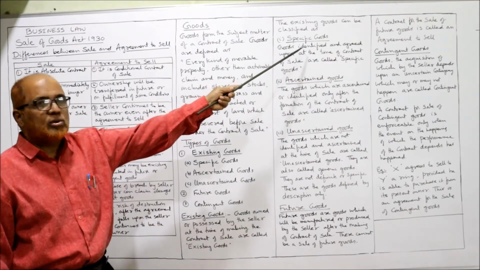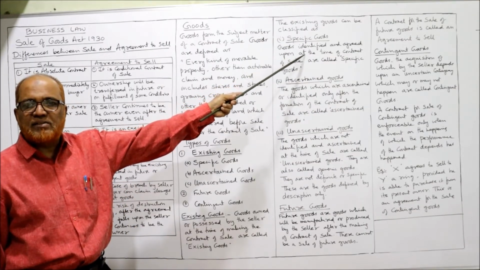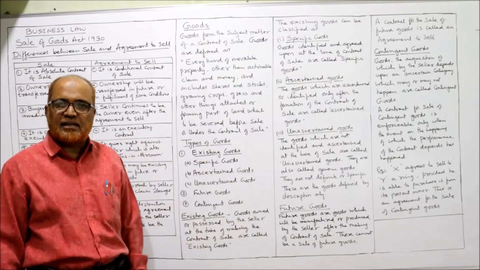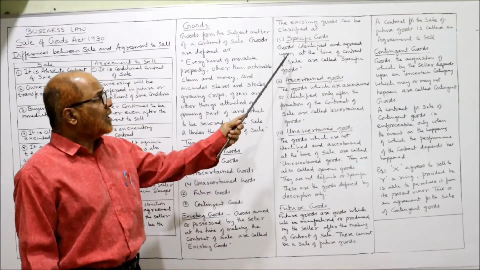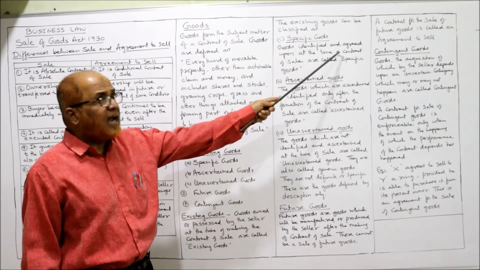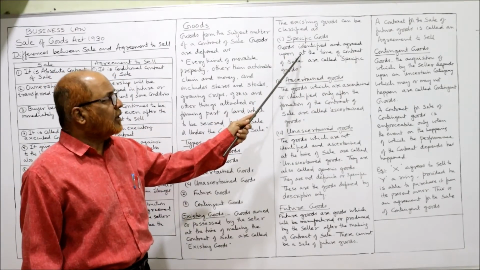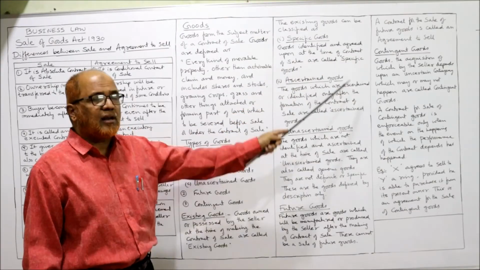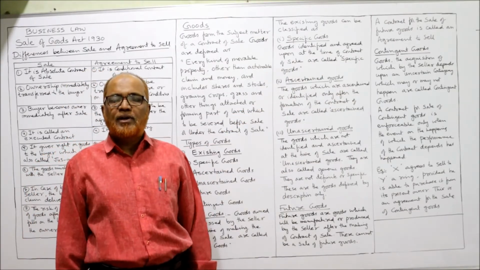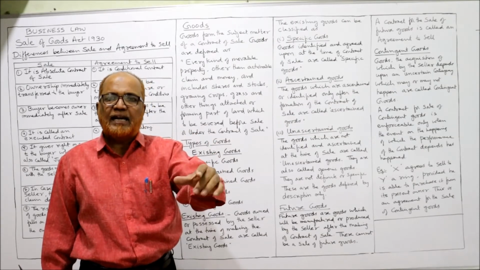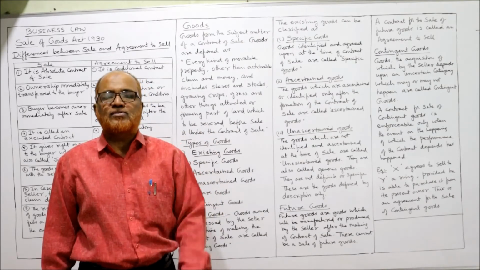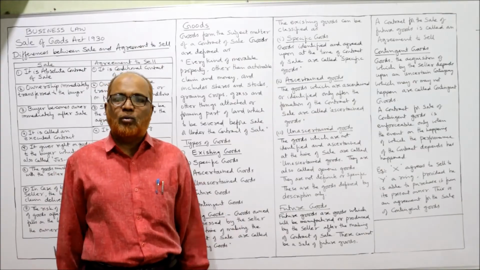Now, the existing goods can be classified as specific goods, ascertained goods, and unascertained goods. First of all, specific goods. The goods identified and agreed upon at the time of contract of sale are called specific goods. When the buyer and seller have identified and agreed at the time of contract of sale, they are called specific goods.